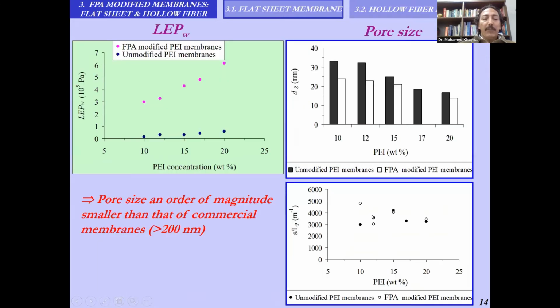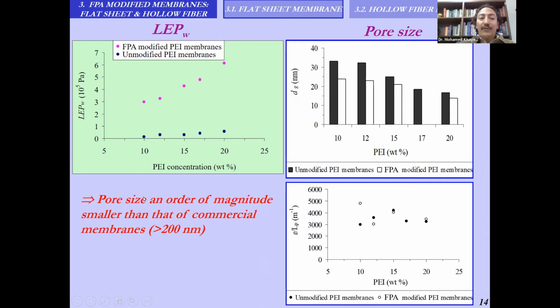We characterize these membranes by different techniques, for example liquid entry pressure of water, pore size, and effective porosity, which takes into consideration the tortuosity of the membrane pores. We observed that the liquid entry pressure of water of the modified membranes is higher than 3 bar, but the pore size is below 25 nanometers.